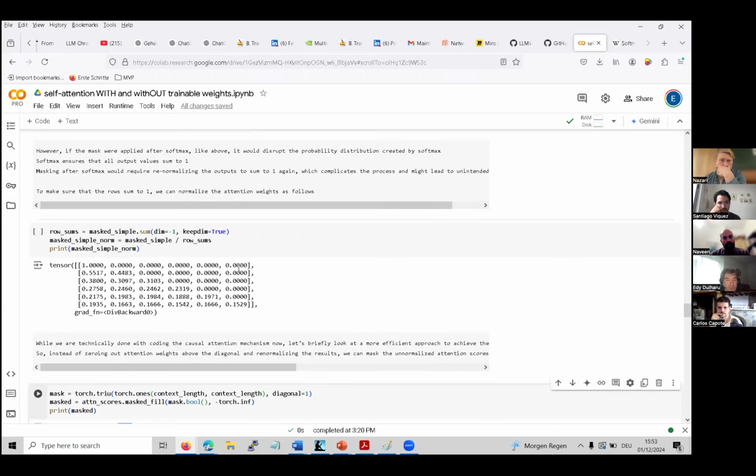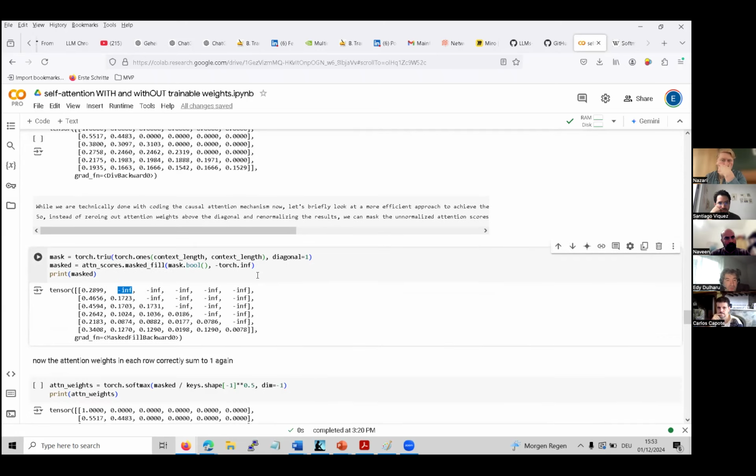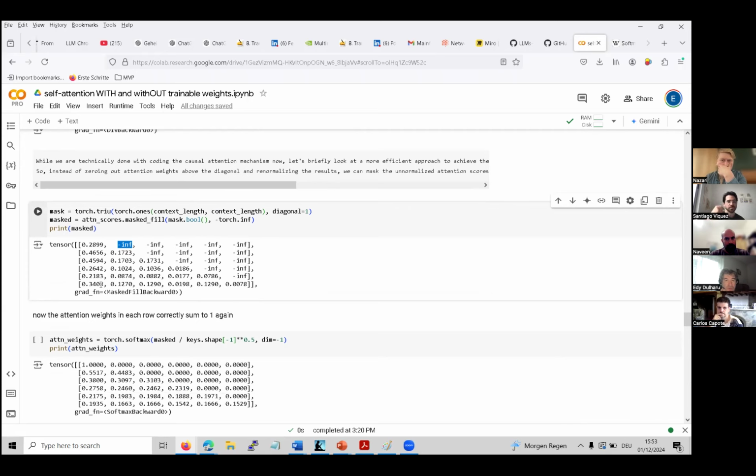Okay, so the better way is to use the so-called upper triangular infinity mask, which, instead of putting 0, puts minus infinity for the elements above the diagonal, and all the attention weights now sum up to one again. So instead of applying softmax on attention scores, we only apply this upper triangular infinity mask.